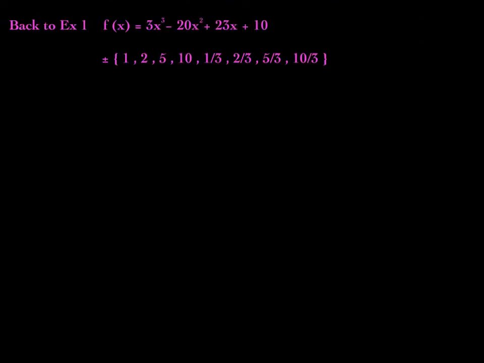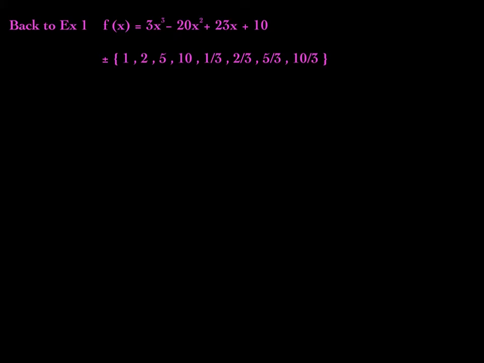All right, let's go back to example 1. We looked at this function in example 1, and we used the rational zeros theorem to come up with this list of possible rational zeros. By the way, everybody, if you do not want to write the plus or minus symbol over and over again, you can write it outside of the set notation, and that'll be fine.